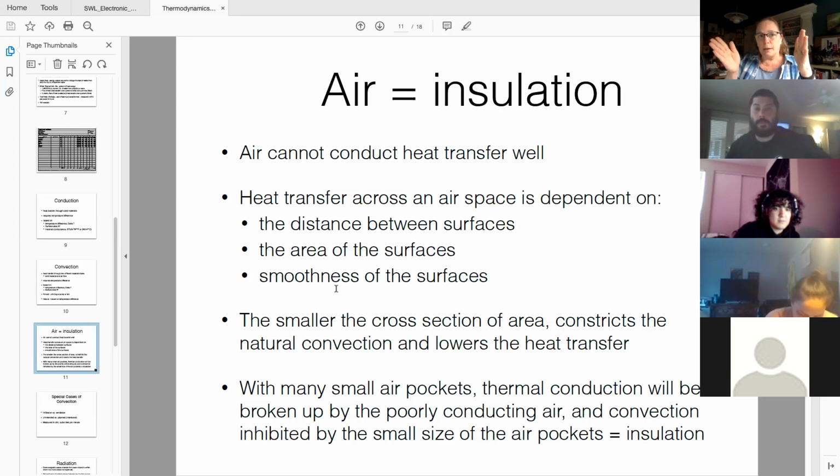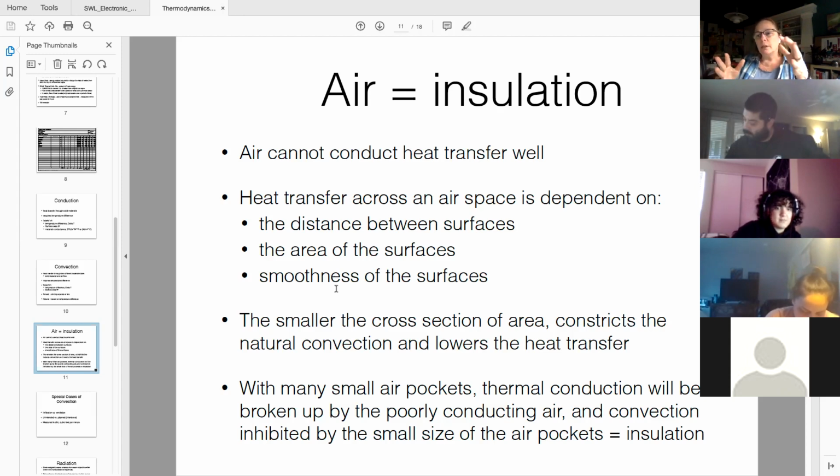And it's really important when you install fiberglass insulation that you don't squish it, because what that does is it pushes the air out, and the insulating value of that insulation will go down, because you're decreasing the distance.